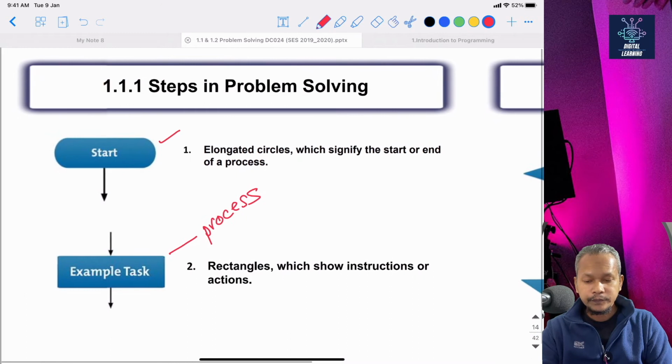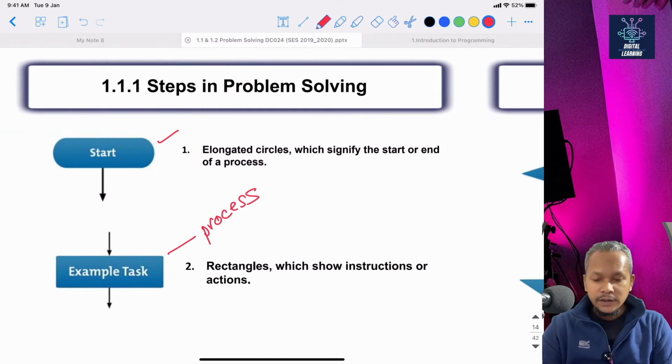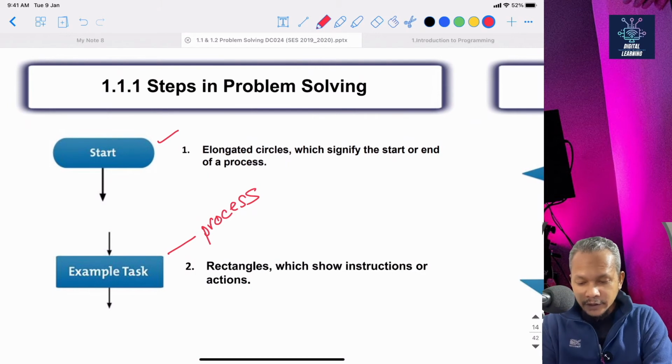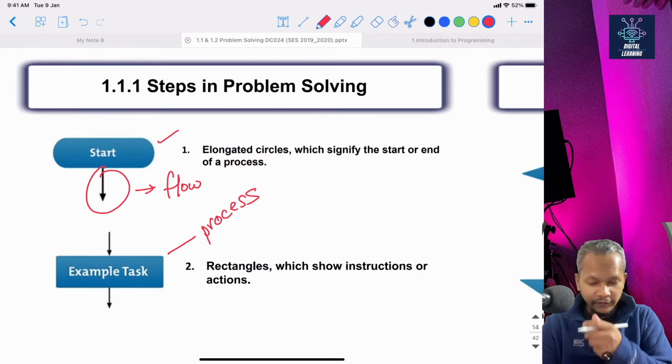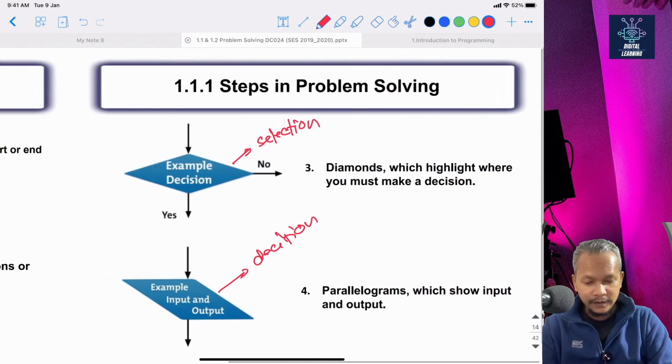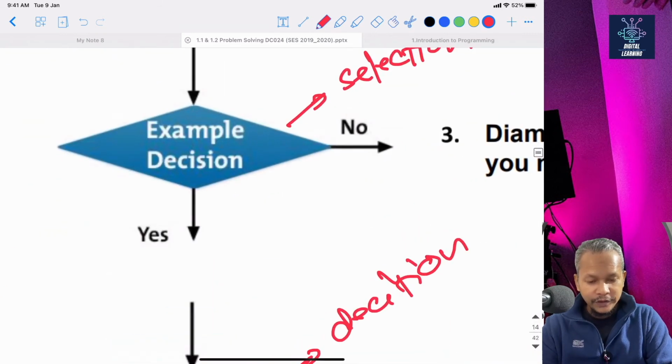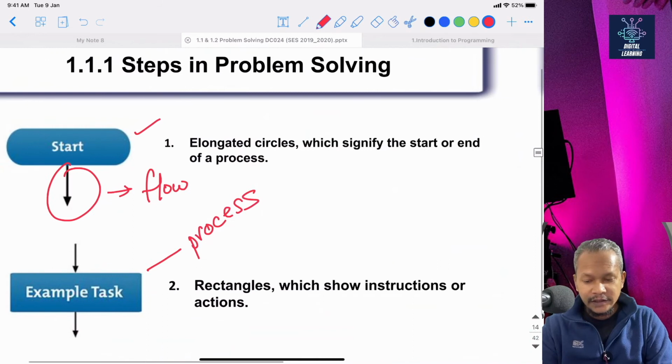Look at the start, and then don't forget the arrow. Arrows mean a flow, the flow of program. For the start, it is very easy. Every program needs a start symbol.